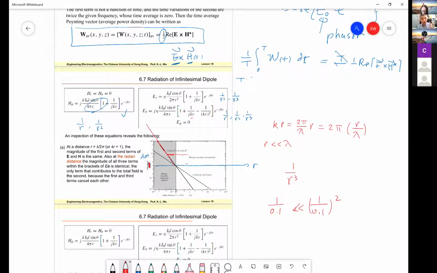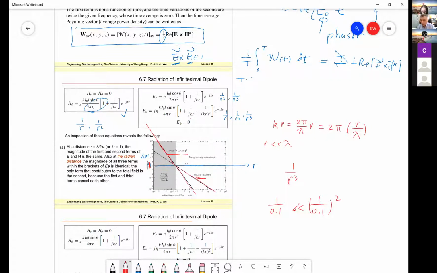But on the other hand, when the distance is larger, when KR is larger than 1, this attenuation is much faster than the 1 over R terms. Okay, this is the 1 over R term.